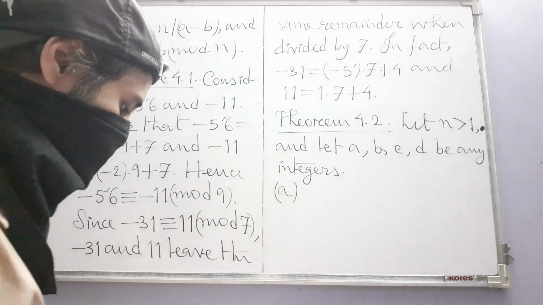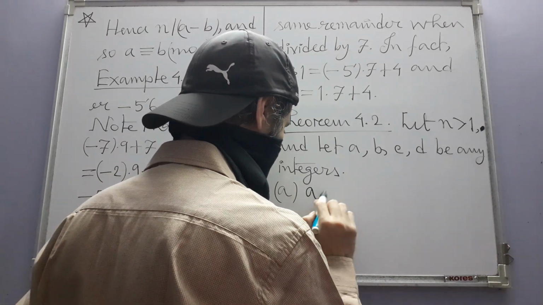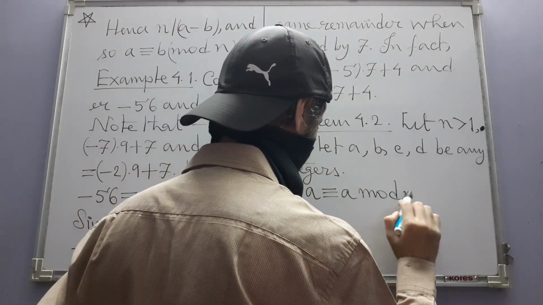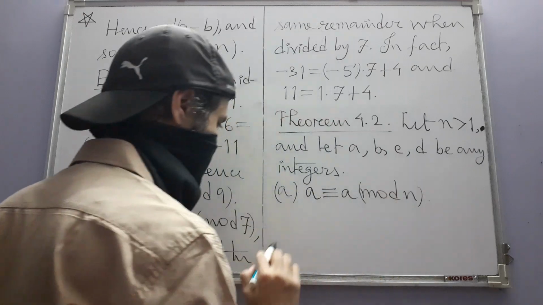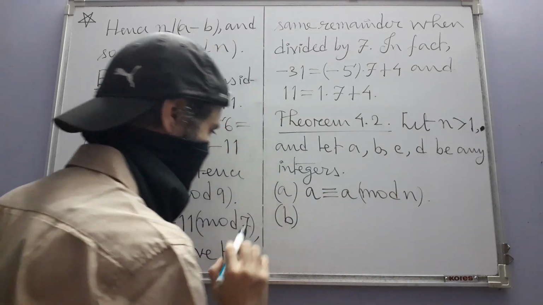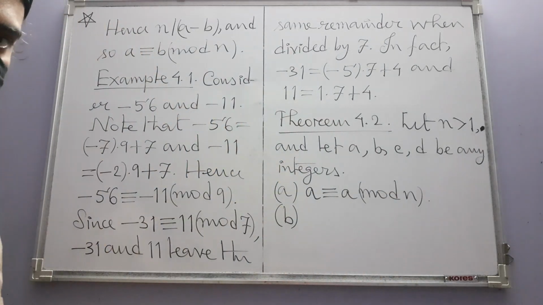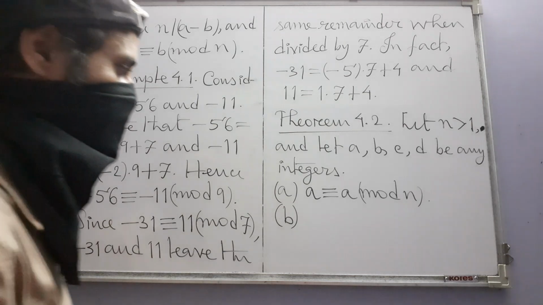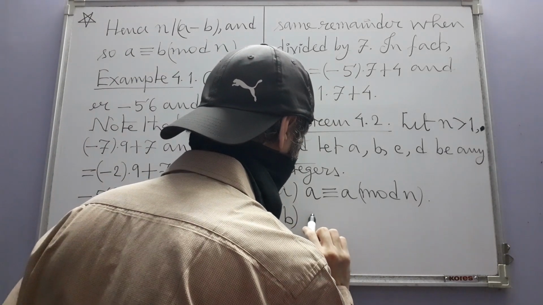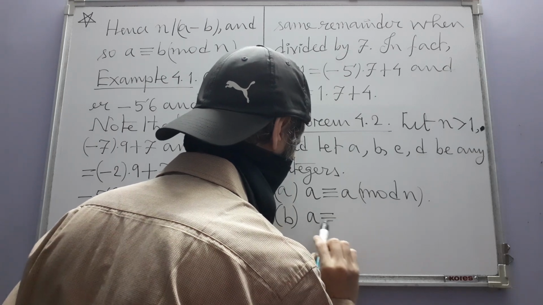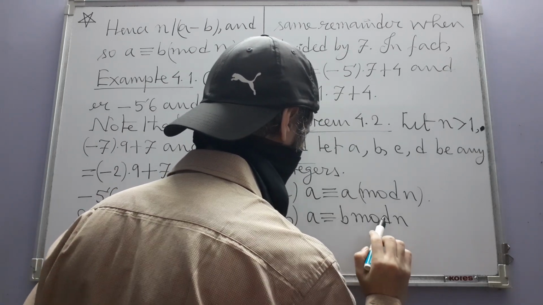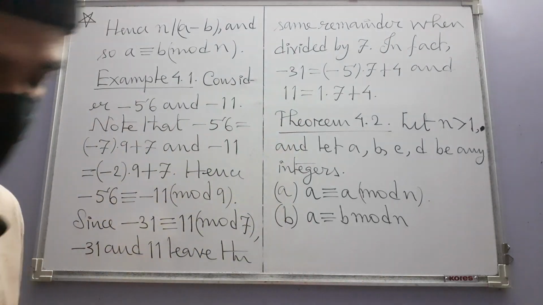Part A: a is congruent to a modulo n. In fact, the first three parts collectively will show what I was saying, that congruence modulo n is an equivalence relation. But again, if you do not know this term, just don't bother.